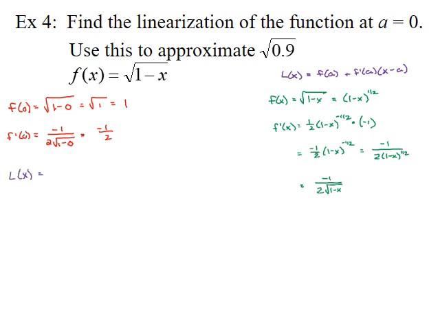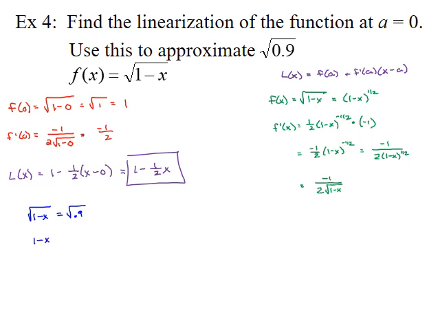L of x is going to equal 1 minus 1/2 times x minus 0, and that 0 plays no role in this problem, so this is the same thing as 1 minus 1/2 of x. Now one more time, let me remind you, how do you approximate this? What we're trying to say is that the square root of 1 minus x should equal the square root of 0.9.